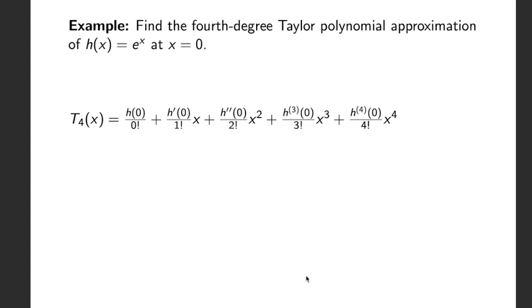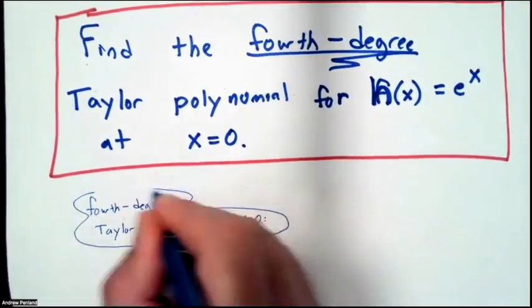Now because this is a Taylor polynomial, we know what these are. This will be h of 0 divided by 0 factorial plus h prime of 0 divided by 1 factorial, all the way up to the fourth derivative, h quadruple prime of 0 divided by 4 factorial. Now let's see how we would find these values.